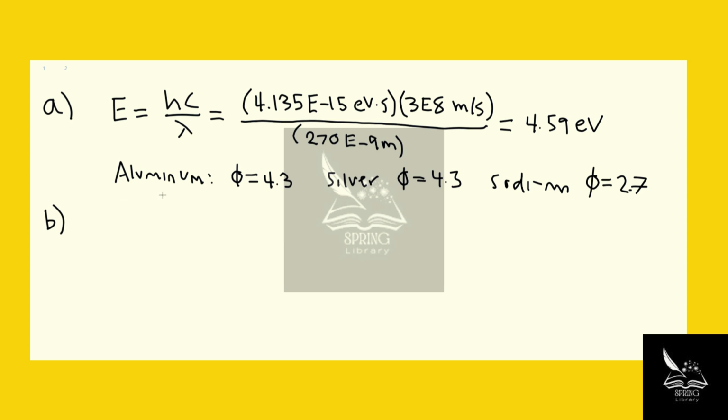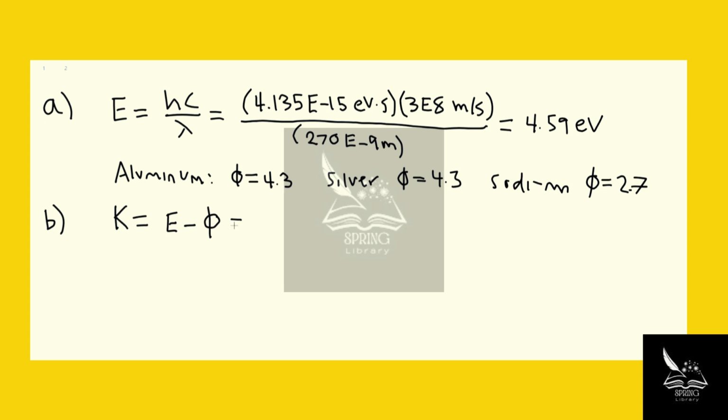And of these, sodium has the smallest work function, meaning, using the photoelectric equation, since K is equal to E minus phi, and E is what we computed, and it's not going to change in this section, we need to minimize phi to get the largest K. Sodium has the smallest phi available, smallest work function, so that will result in the largest kinetic energy of photoelectrons.